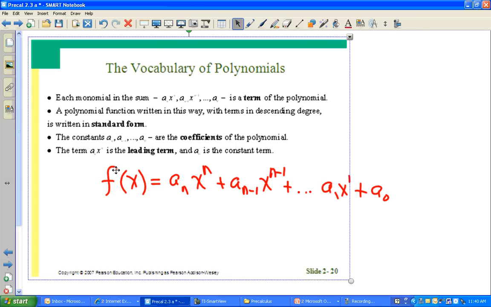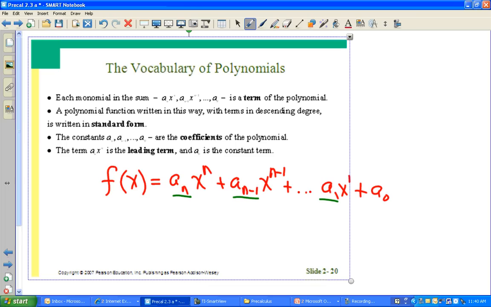We would say the degree of the entire polynomial is the highest power shown, highest exponent, I should say, and n would be the highest exponent, and so that would be a degree n equation. It's in standard form when the very first term has the highest degree, and we call that term the leading term. And a sub n is the leading coefficient, and I think that pretty well covers the definition. So in your notes, make sure you designate that a sub n minus 1. These are the coefficients.